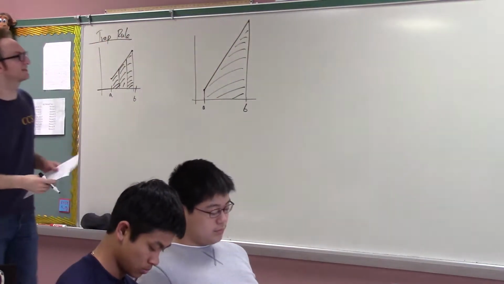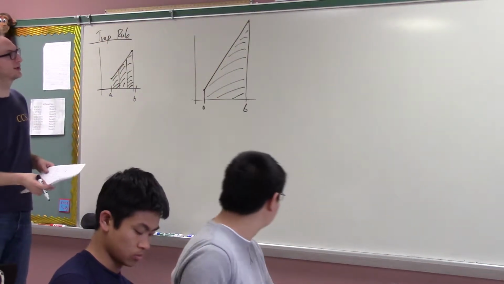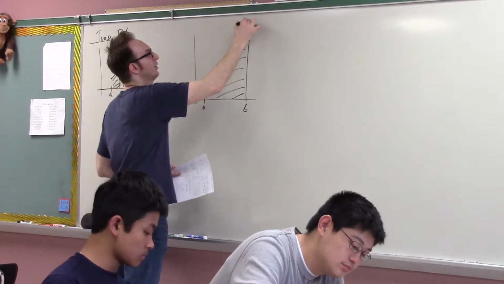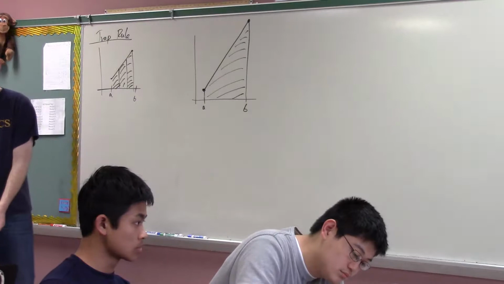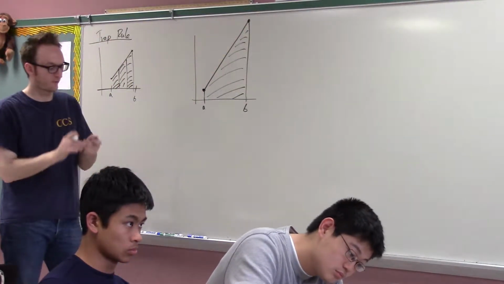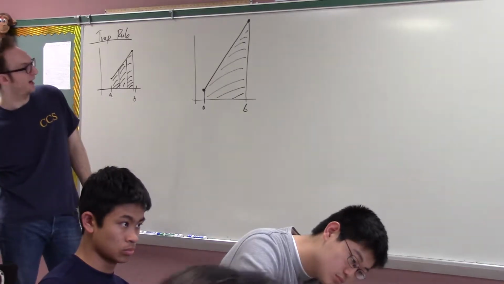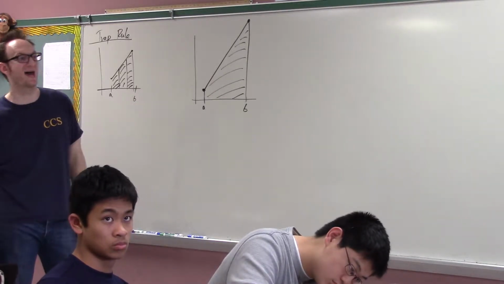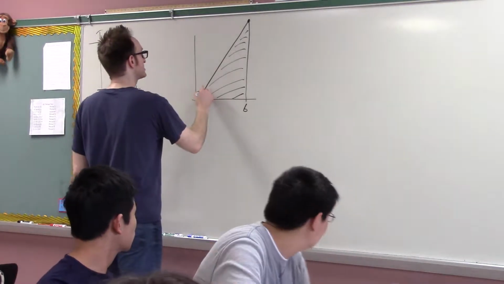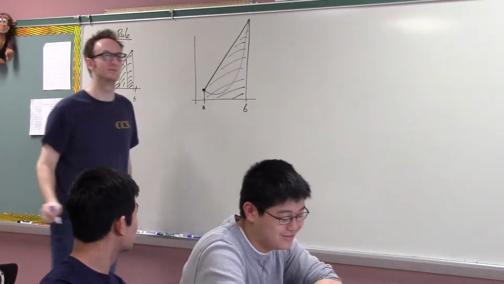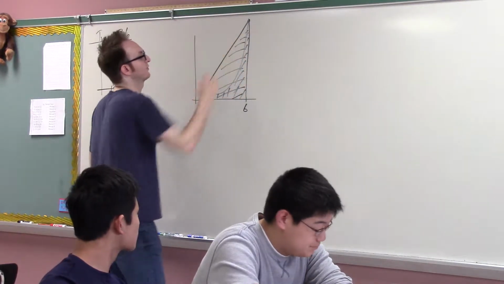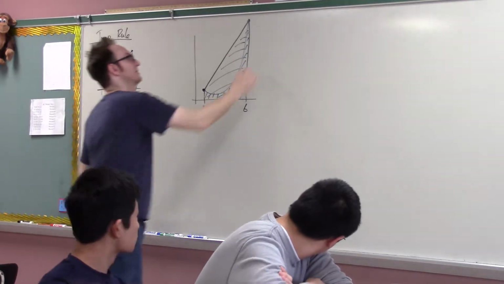So if that's your estimate, what could the actual function look like and still go through these 2 points? What would be a terrible function that still goes through these 2 points for which the trapezoid rule would give you really bad answers? Everyone do it with your finger. Kind of like that, right? If that were your true function, then the trapezoid rule is going to give you really bad results. So this is bad.